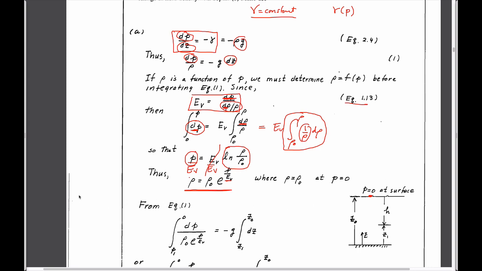So now we can also return back to this expression that we have of how pressure changes as a function of depth, which is equal to unit weight. So we can go back to this expression.